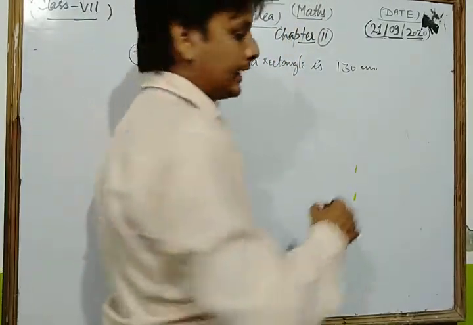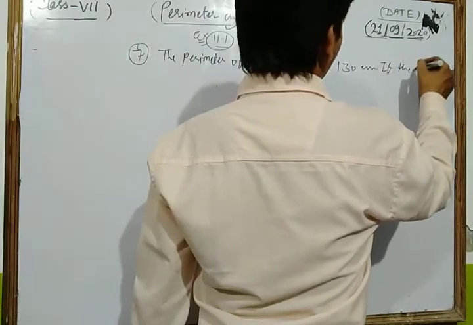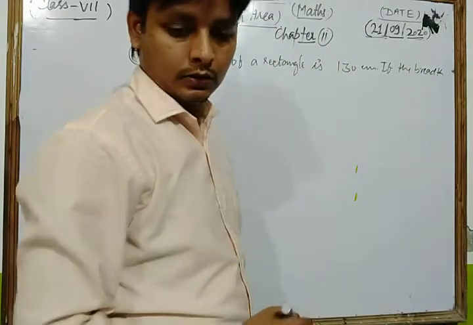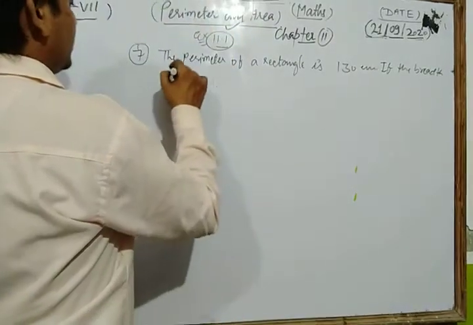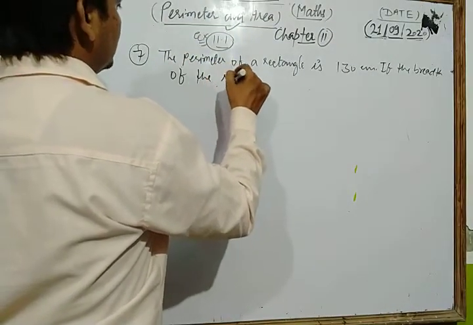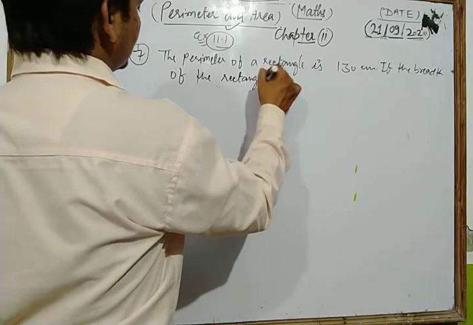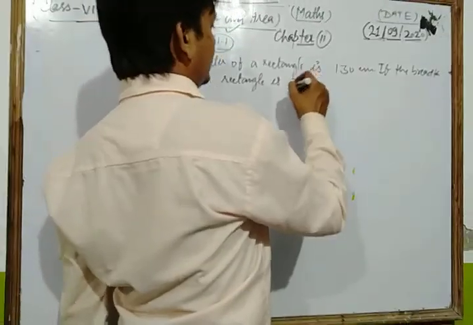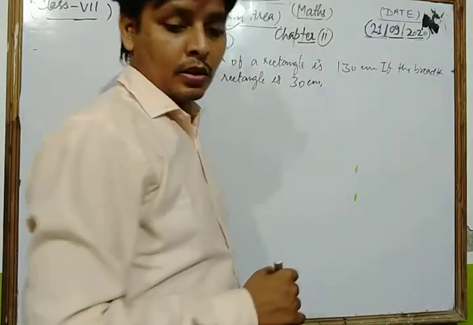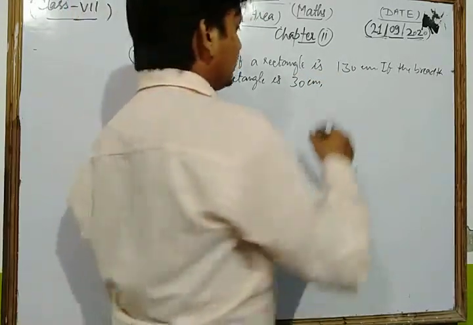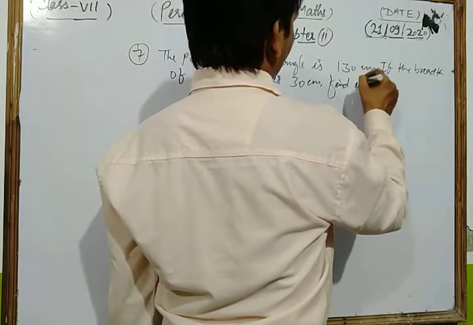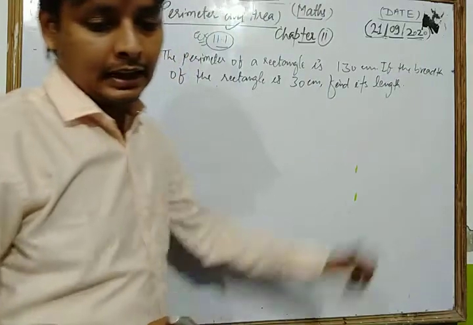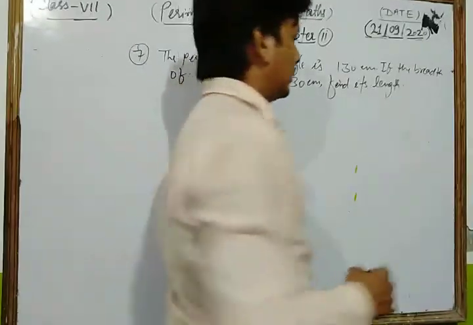If the breadth of the rectangle is 30 centimeter, find its length, also find the area of the rectangle.